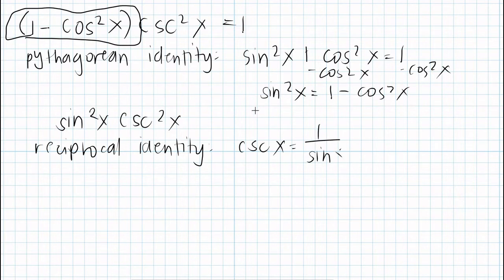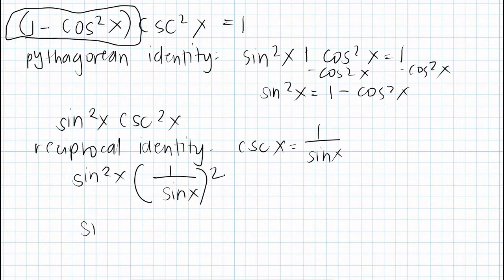So that means we can replace cosecant in our equation, and that becomes sine squared x times 1 over sine squared x. Then we can cancel sine squared x, and our remaining value will be 1.